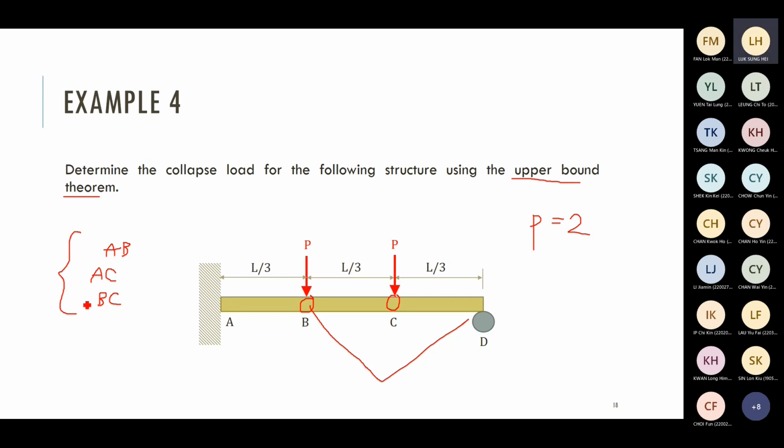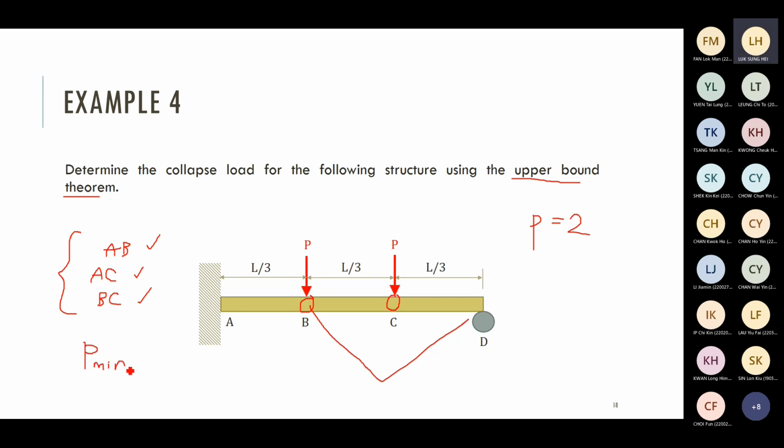So you have to apply upper bound figure 3 times, once for each scenario. If you find that there are more than 1 possibility, then you have to try all combinations and use upper bound figure to find out the collapse load for all combinations. Finally, pick the minimum collapse load.